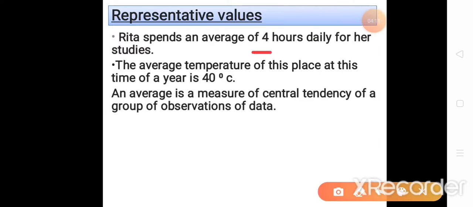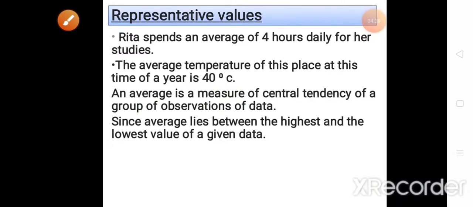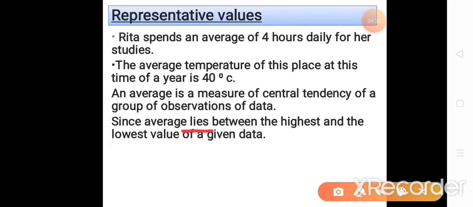So whatever we have observed here, or whatever information we have collected, can be called observations of data, and it's given that average is a measure of central tendency. And why has the word central tendency been mentioned? Because average always lies between the highest and the lowest value of a given data, or say of the data collected.